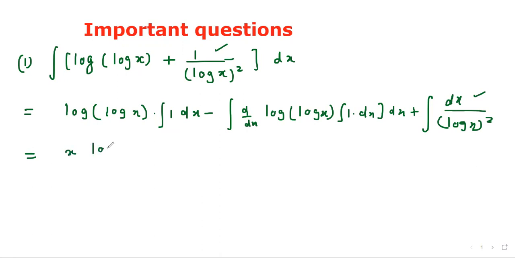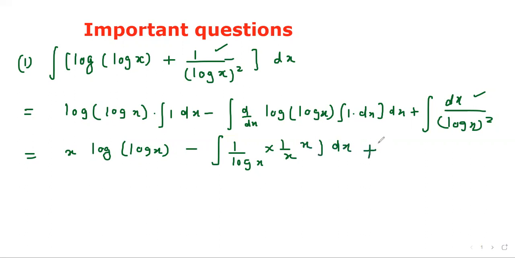So x log of log x minus integration of d upon dx of log x, which will give 1 upon log x times 1 upon x, and integration of 1 dx will give x, whole dx, plus integration dx upon log x whole square.